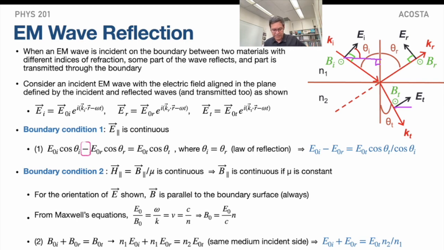So I can just divide by N1 everywhere to cancel out on the left side, and I have that the amplitudes E0I plus E0R, the incident and reflected wave electric field components, equals the transmitted wave amplitude times the ratio N2 over N1. And we'll call this equation 2. Okay, so 1 was this one in blue here in the middle of the page, and 2 is the one down below. And I'll repeat those on the next slide.